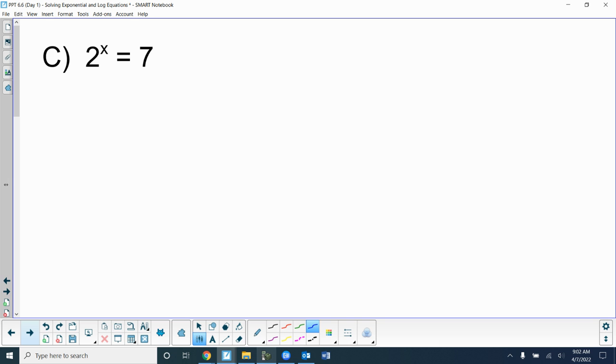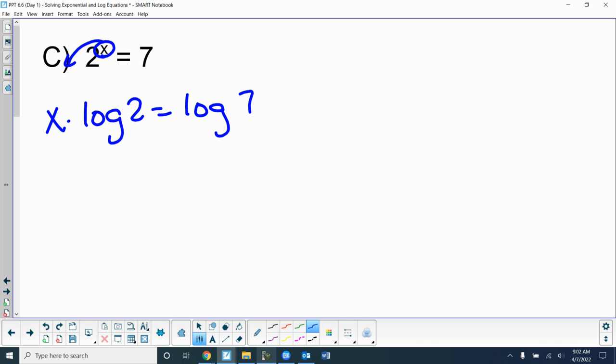Okay. We still got to do logarithmic, right? Do we need to do this one? No. What's gonna happen when I take the log with that x? Where's it gonna go? Up front. So it's gonna be x times the log of 2 equals the log of 7. So all I got to do to finish is what?